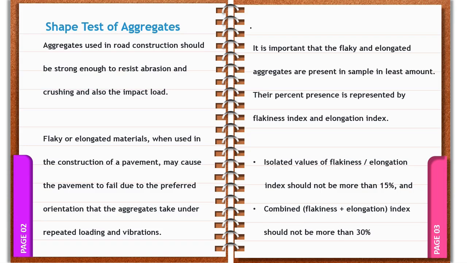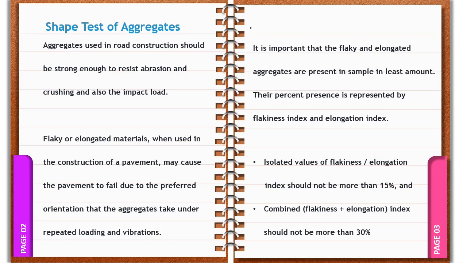But if flaky or elongated aggregate materials are used in the construction of a pavement, the pavement may fail, because these aggregates have the property to orient themselves such that least resistance is offered, and this movement is going to happen due to repeated loading and vibrations.